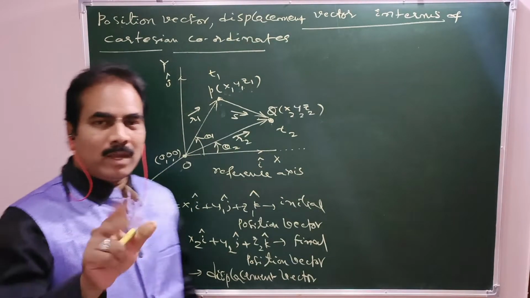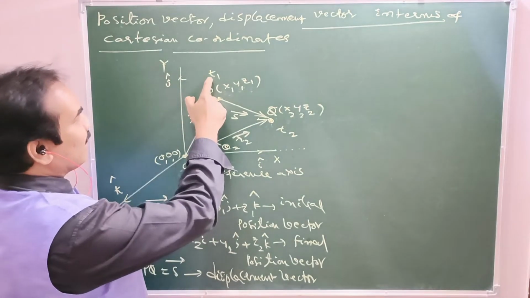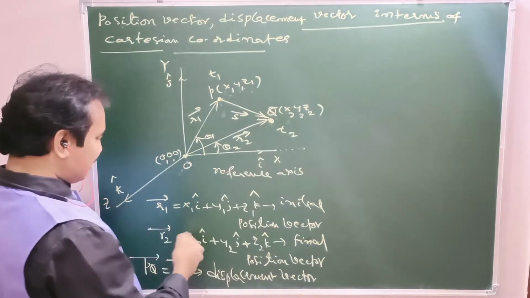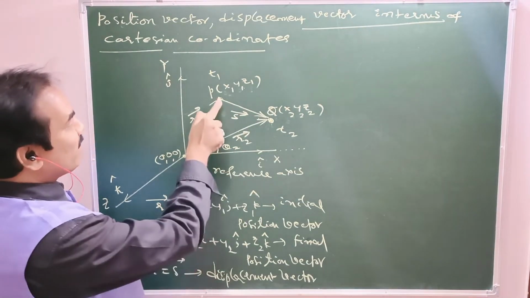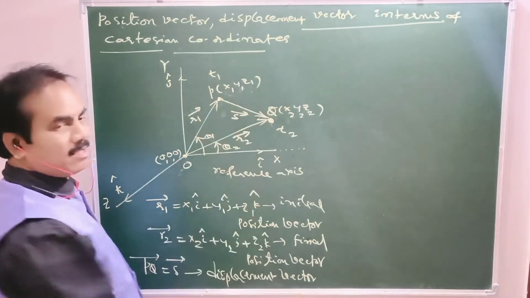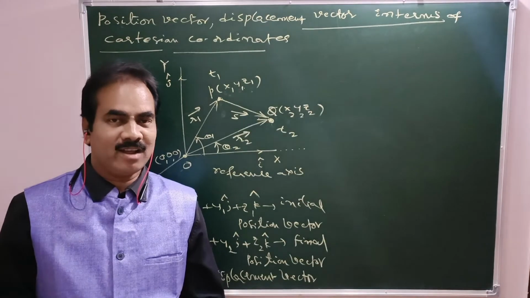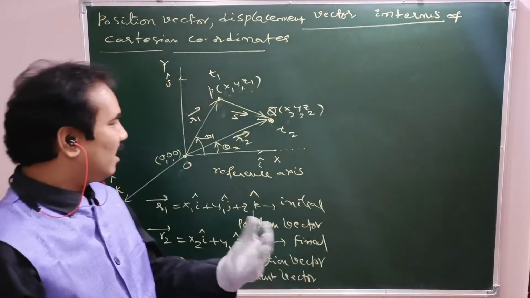So here we have three vectors. One is the initial position vector at an instant t1. Another one is the final position vector at some other instant t2, and the displacement vector in the time interval t2 minus t1. So that is how here we have three kinds of vectors: initial position vector, final position vector, and displacement vector.